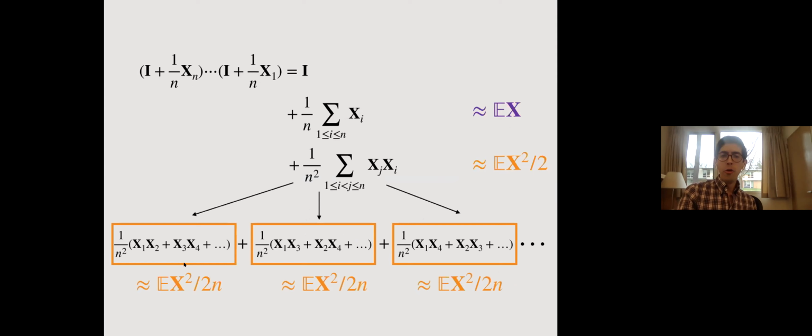So how did I conclude that all of these orange boxes were close to their expectations, x squared over 2n? I parsed them as sums of independent random matrices, where now my independent random matrices are of the form xj, xi, products of my original random matrices.